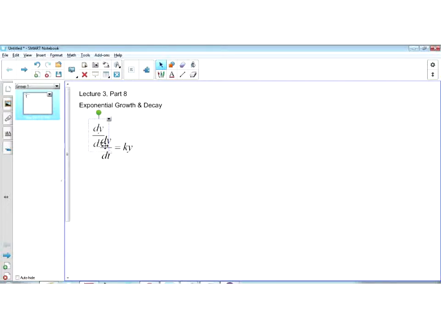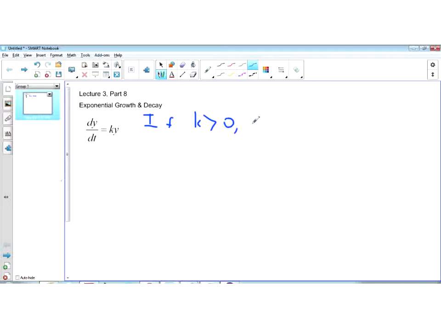Now consider this. If k is greater than 0, then we have a phenomenon called exponential growth.